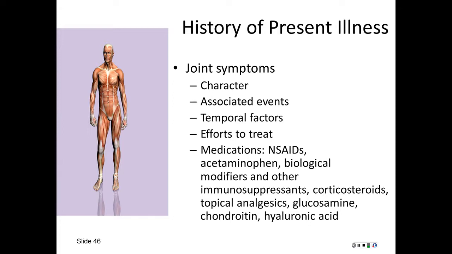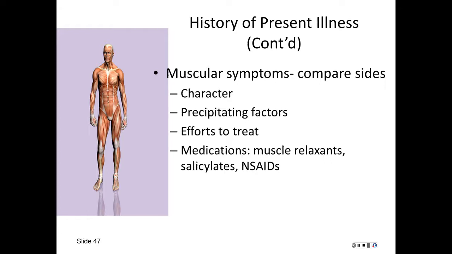Any topical analgesics, glucosamine, chondroitin, or hyaluronic acid that they take to try to increase joint flexibility and health. Also, you're going to look at the muscular symptoms, comparing side to side for character, precipitating factors, again, effort to treat, and medications. Now, in the muscular symptoms, you're going to look at muscle relaxants.